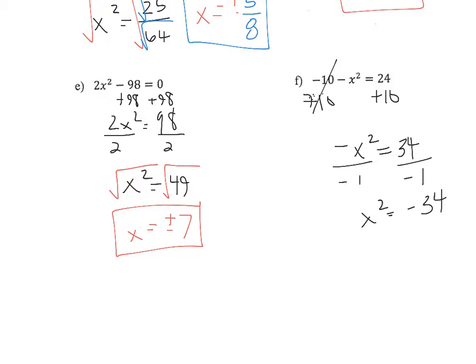When I go and take the square root, I cannot take the square root of a negative number and have it be a real number. So there's no real number such that when I square it I get a negative. So this is going to be no solution. There is no number that you could plug in for x and get an answer.